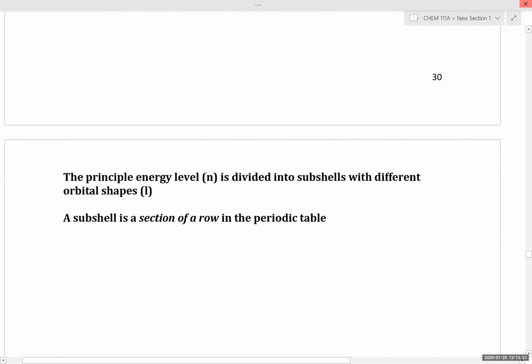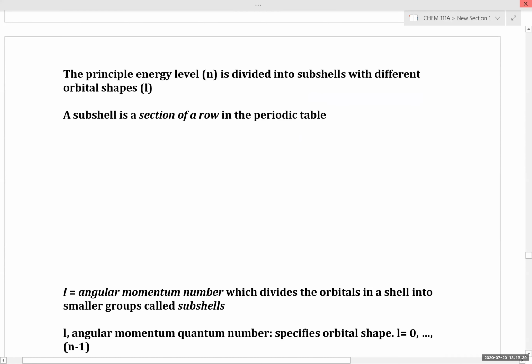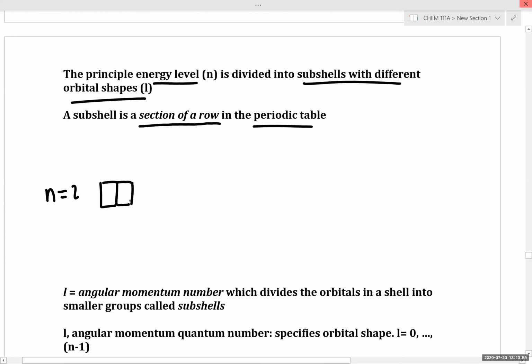So when we have a principal energy level n, or a shell, this shell is then divided into subshells with different orbital shapes. And a subshell is known as a section of a row in the periodic table. So let's look at n equals 2 once again. You may notice that the periodic table is almost conveniently divided into these discretely colored and labeled regions.